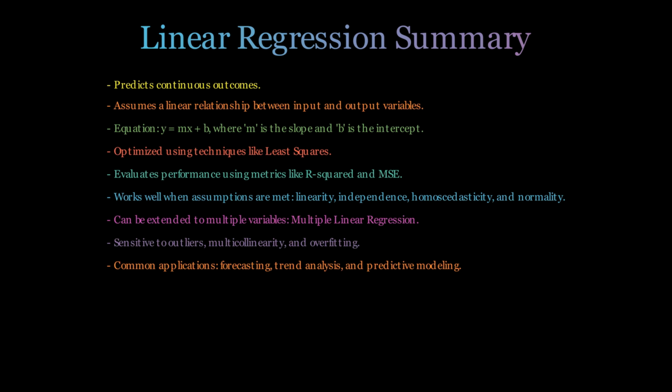The performance of the model is evaluated using metrics like R-squared, which tells us how well the model explains the data, and mean squared error, which measures how far off the predictions are from the actual values.